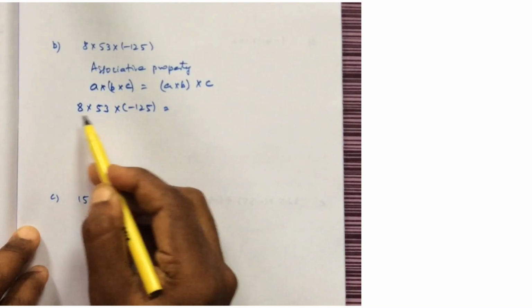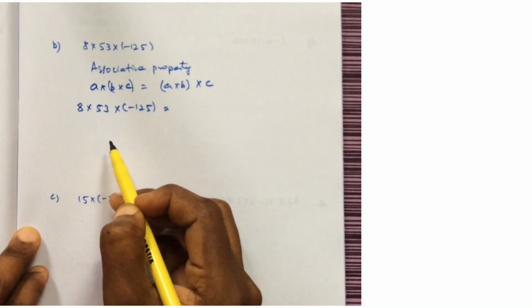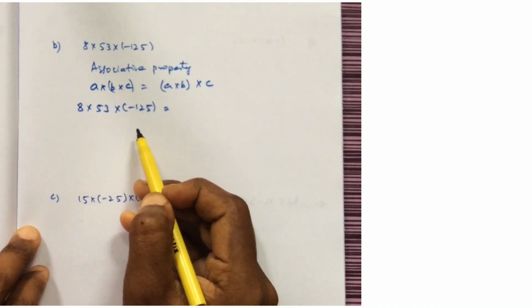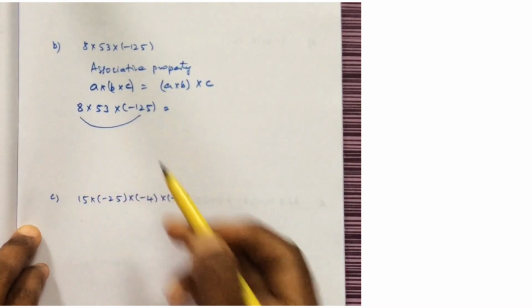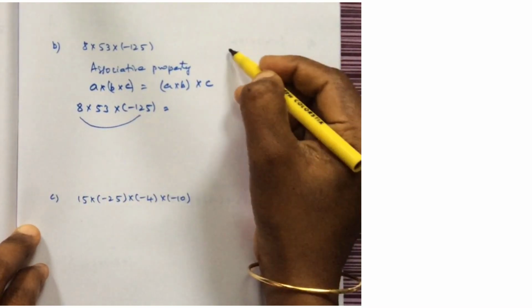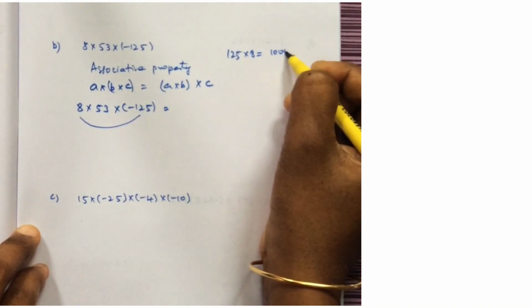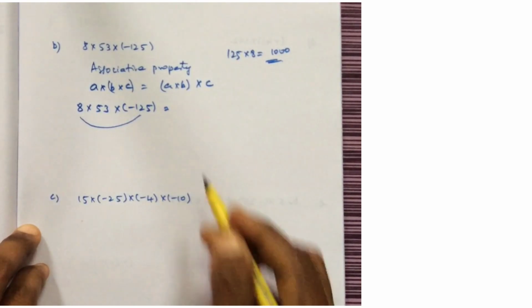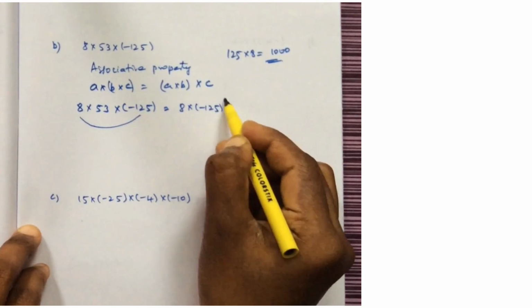Okay, now if you take 8 into 53 first, then you have to do this multiplication, and with this answer you have to multiply again by 125. Instead of this, what I am doing is, I am going to take these two first. You should know that 125 multiplied by 8 is 1000. So what is 8 multiplied by minus 125?